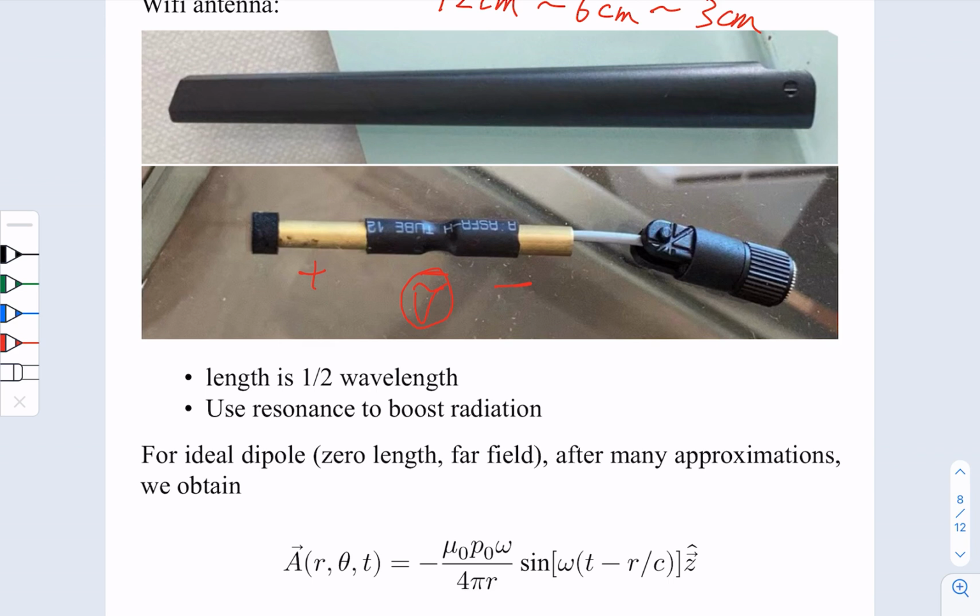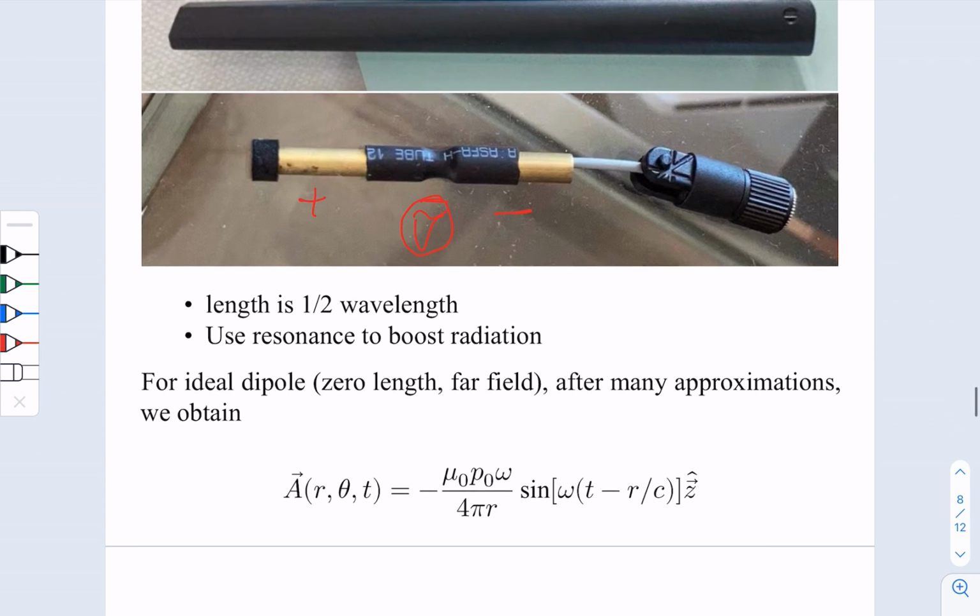The approximations say that we are looking at an ideal dipole, so the size of this metal object is small compared to the wavelength, and also we are in the far field limit. So the electromagnetic radiation we are looking at is far away from this antenna. And if we make all these approximations, we can solve for the field.